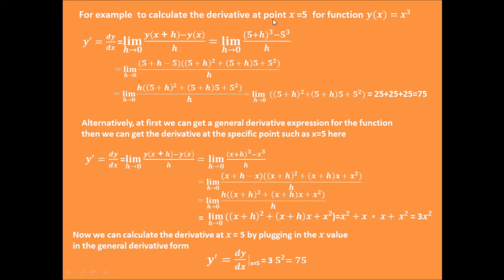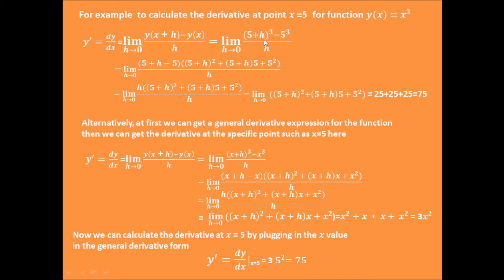Here we want to calculate the derivative at the point x equals 5, so we use 5 to replace x. Then we get the function value at 5 plus h by replacing the function variable x, which is (5 plus h) cubed, minus the function value at 5, which is 5 cubed.